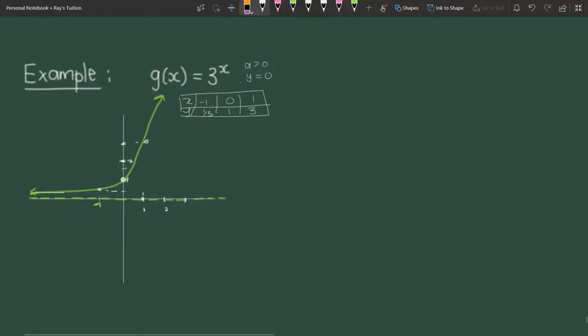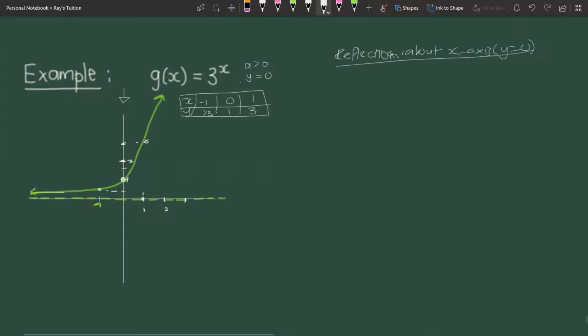Now what I want to do is go ahead and calculate the reflection about the x-axis. The equation for the x-axis is y is equal to 0.